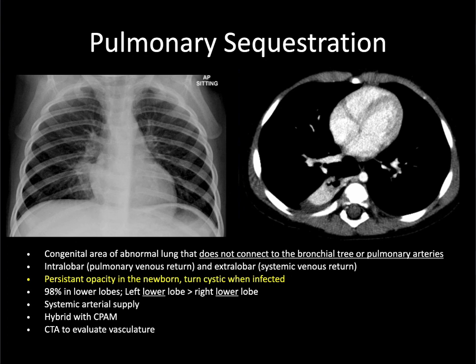And it has a propensity for the lower lobes, left more than right. Again, there's going to be an abnormal arterial supply, so you get systemic arterial supply, and these can present as a hybrid lesion with congenital pulmonary airway malformations, and you can evaluate this with a CT angiogram.